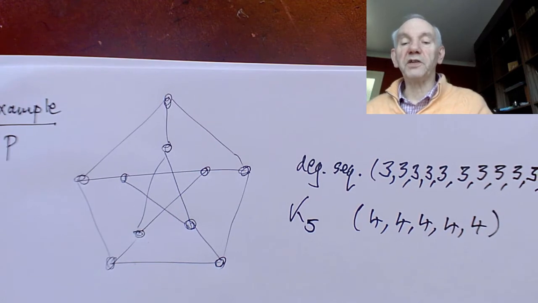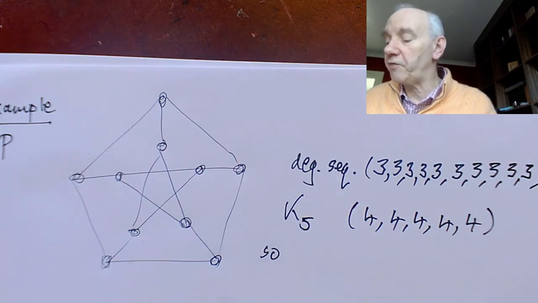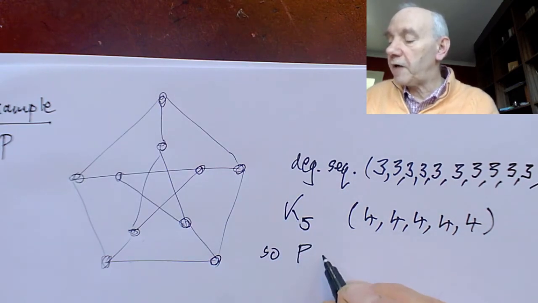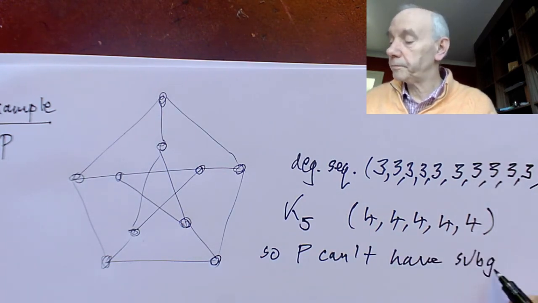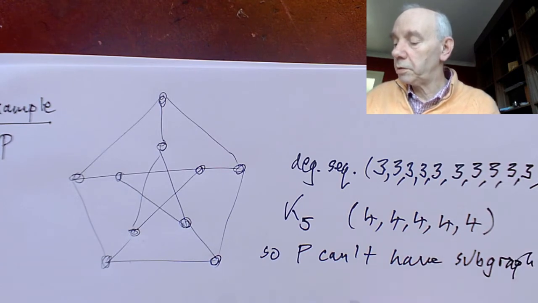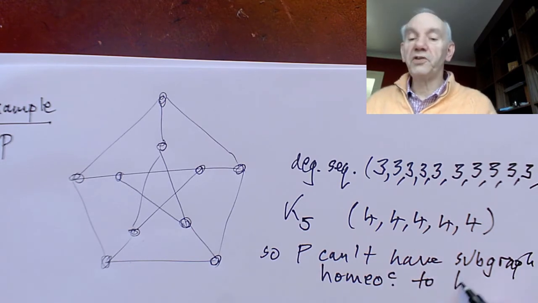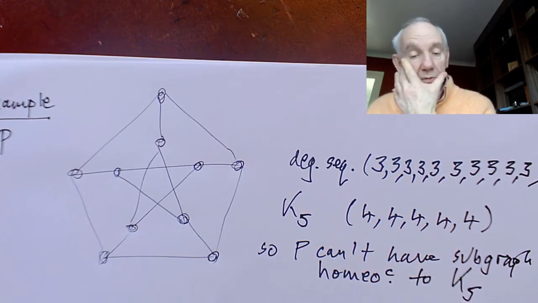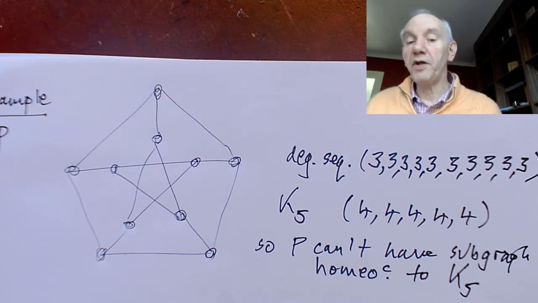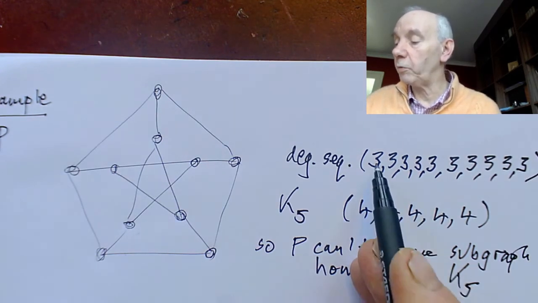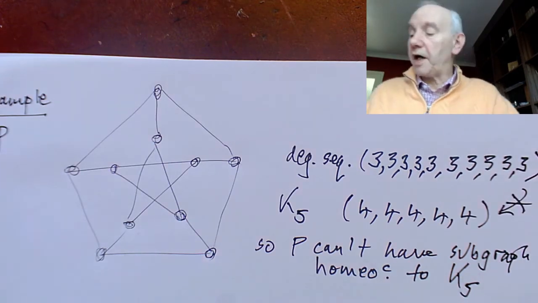So because of that, it's obvious that P can't contain a subgraph homeomorphic to K5, because the only thing you're allowed to do with homeomorphism is add or subtract vertices of degree 2. Well, there are none to start with, and even if I start adding 2's, I can't get to this. So there's no way I can, by adding vertices of degree 2, get to K5.